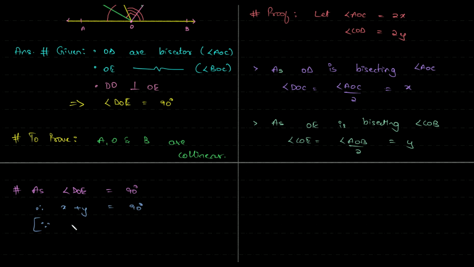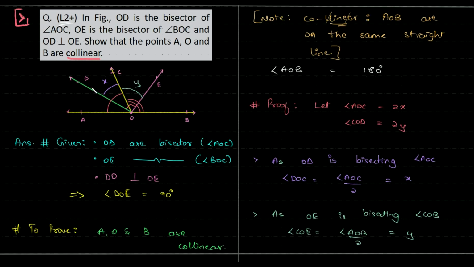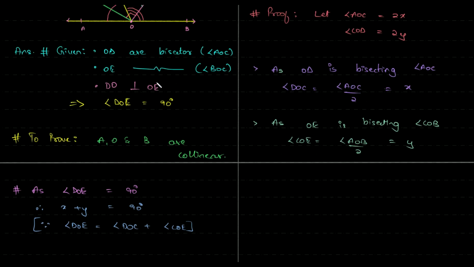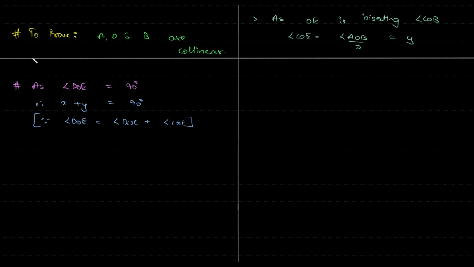Reason? Because DOE is made up of angle DOC plus angle COE. Agree? DOE is made up of DOC and COE. Is it not? So basically we proved that x plus y is equal to 90 degrees.